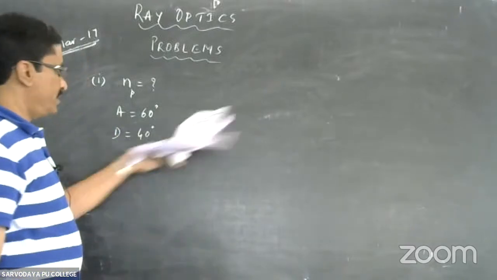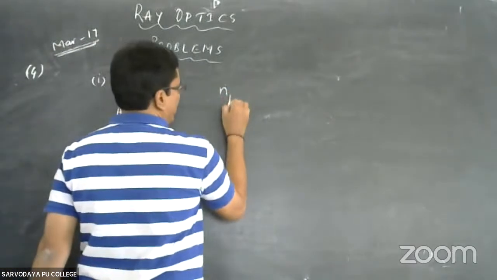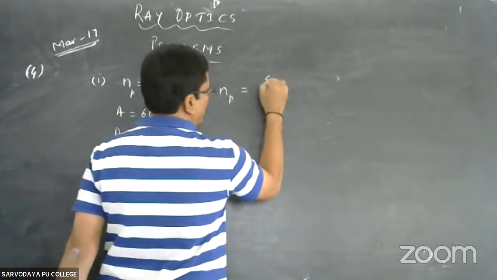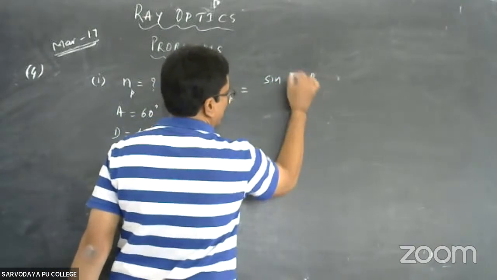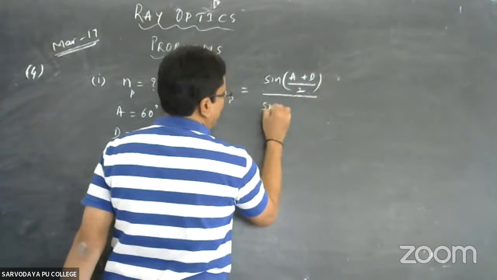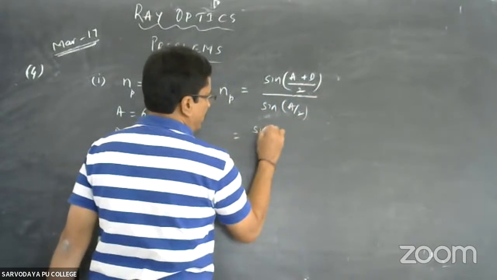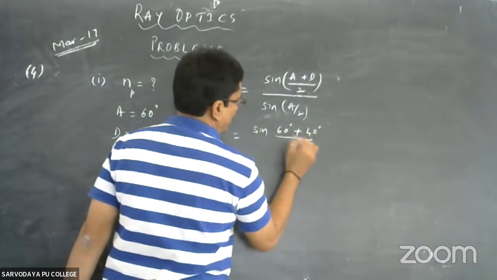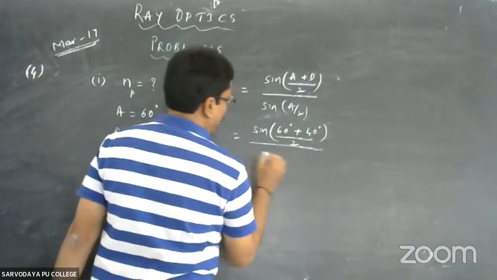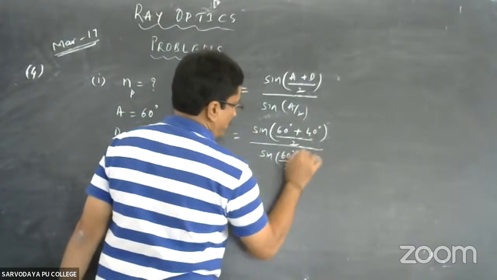Therefore, the first problem is similar to the previous one. That is, the refractive index of the material of the prism is equal to sin (A plus D by 2) by sin (A by 2). Therefore, it is sin (60 degree plus 40 degree by 2) divided by sin (60 degree by 2).